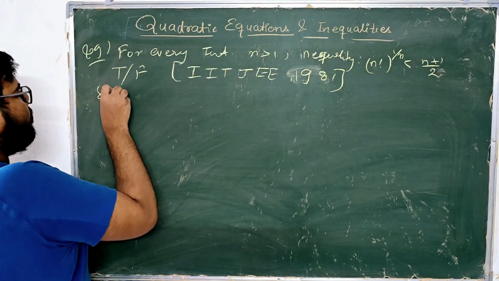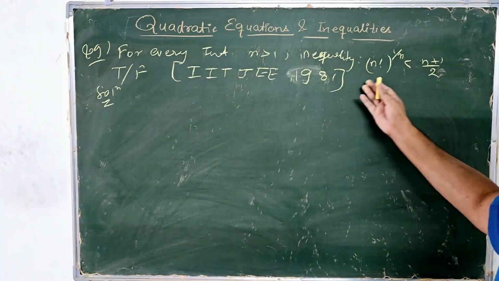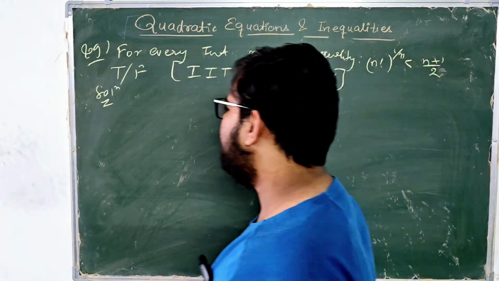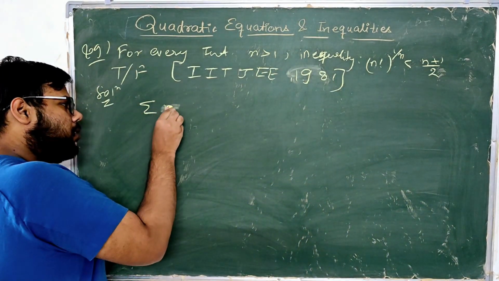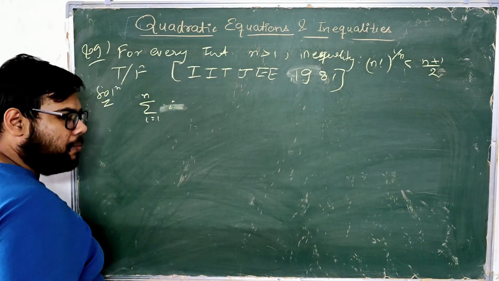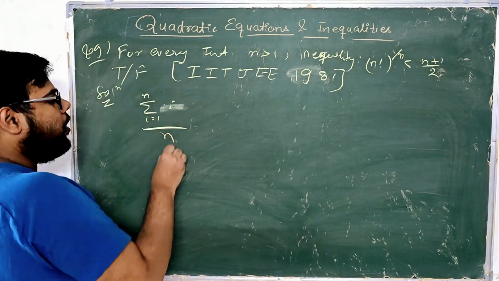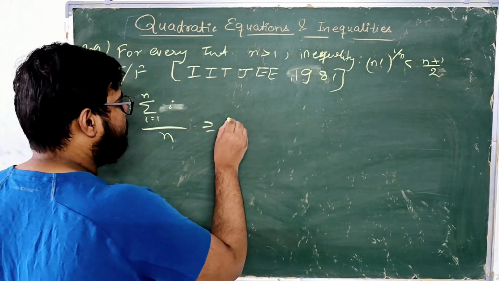So let's see. This is a very straightforward question if you can understand this. Sum of all natural numbers divided by n, apply AM-GM.